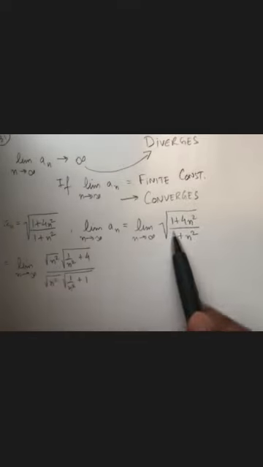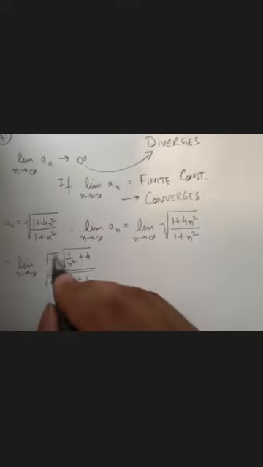So what I have done is I factored out n square from the numerator and n square from the denominator. And this is a radical sign, so you have n's. They would cancel out.